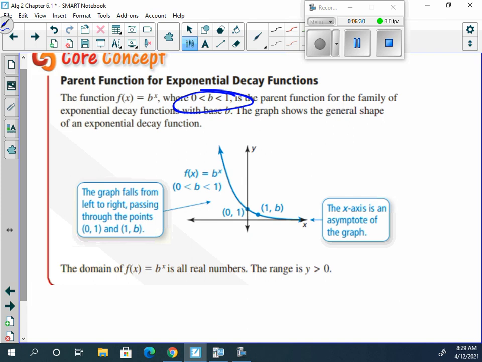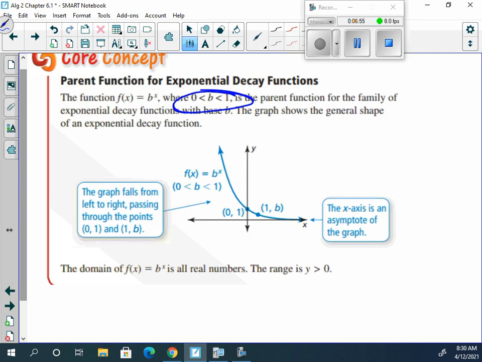There are cases where it's negative, but they're dealing with essentially a reflection across the x-axis of these two parent functions. So exponential growth, we can define when b is greater than 1, and it's exponential decay when b is between 0 and 1. So it's a fraction or a decimal.